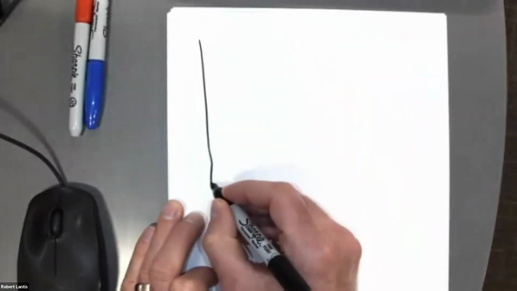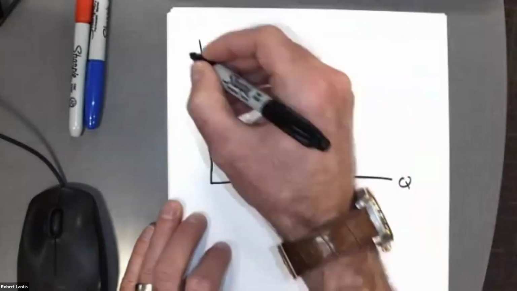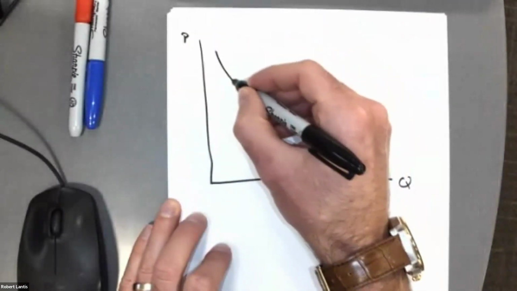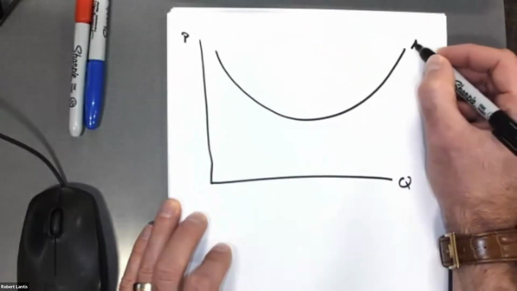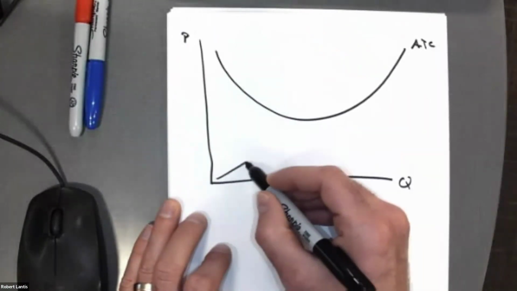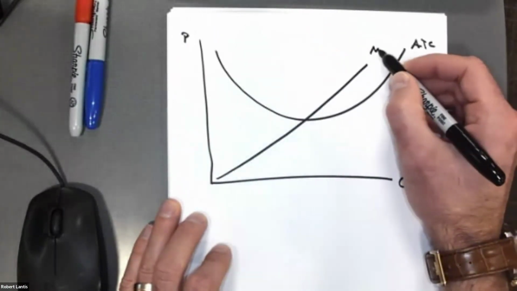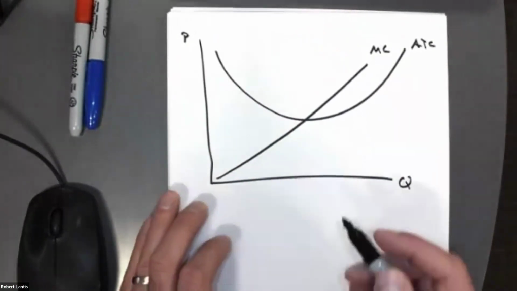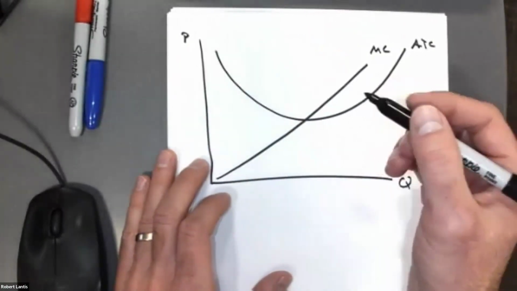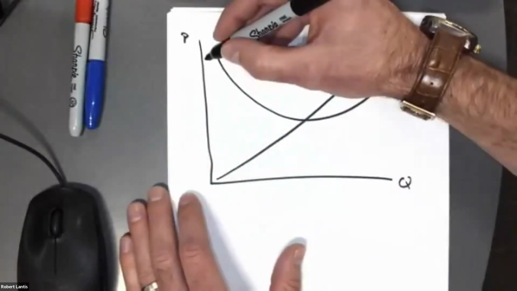The easier one to start with: I've got my average total cost curve and my marginal cost curve, which intersects it at its minimum point.